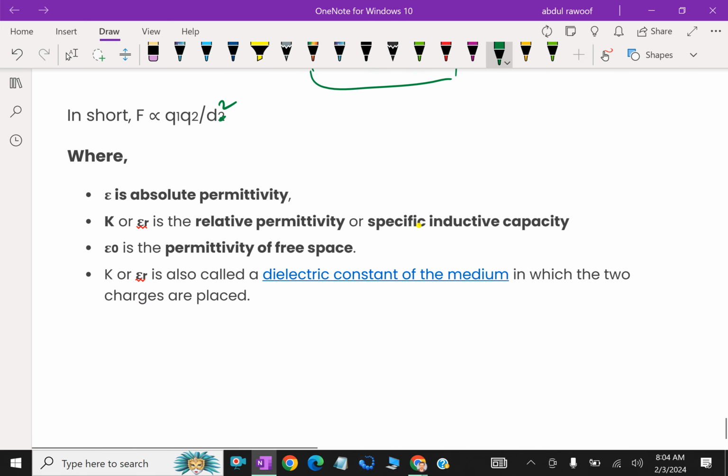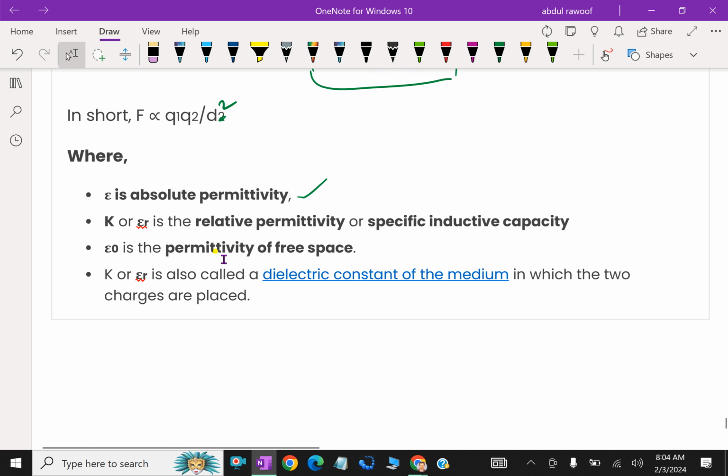Now in short, you can see force is proportional to the product of Q1 and Q2 and inversely proportional to the square of the distance between them, where epsilon is absolute permeability and K or epsilon r is the relative permeability or specific inductive capacity.